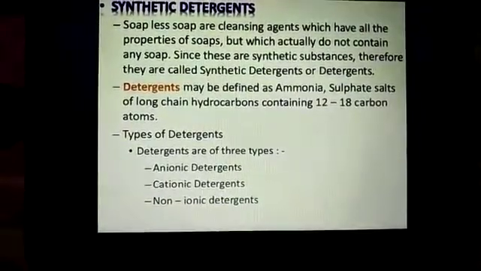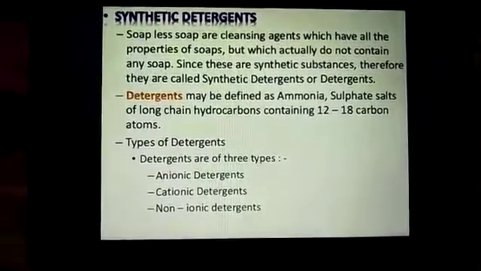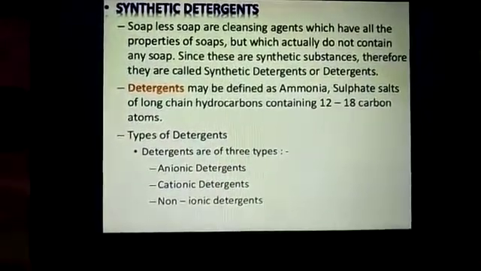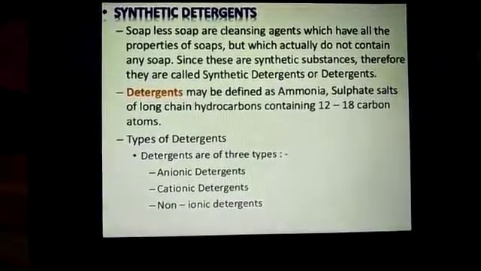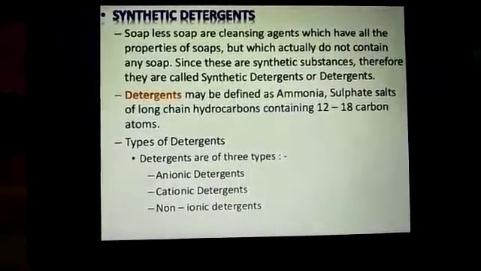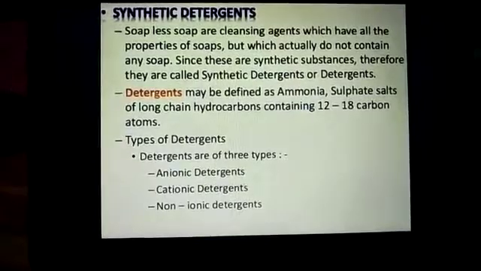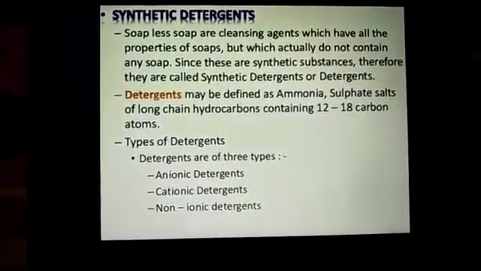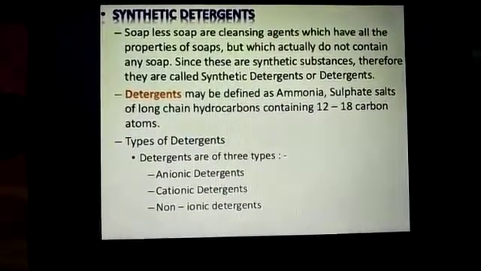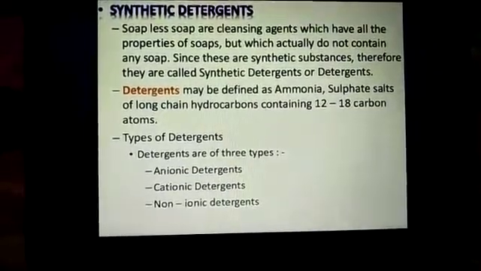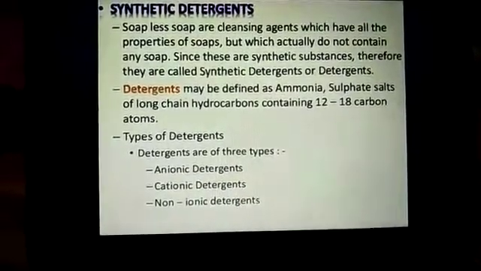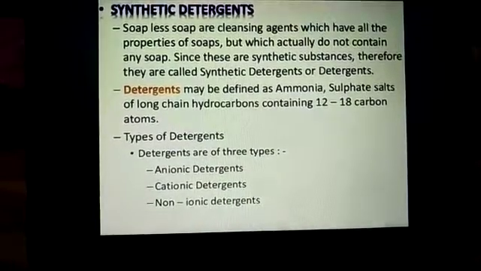These synthetic substances we call detergents or synthetic detergents. Detergents may be defined as ammonium or sulfate salts of long chain hydrocarbons containing 12 to 18 carbon atoms. We have three types of detergents: anionic detergents, cationic detergents, and non-ionic detergents.